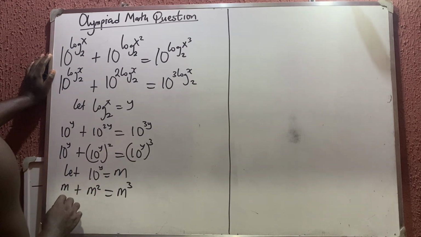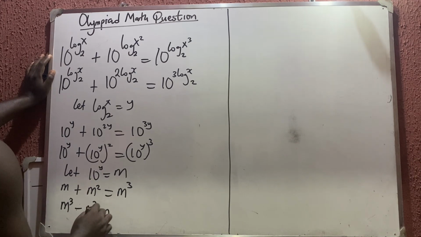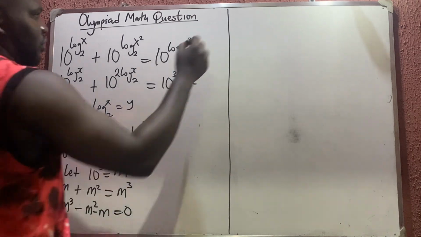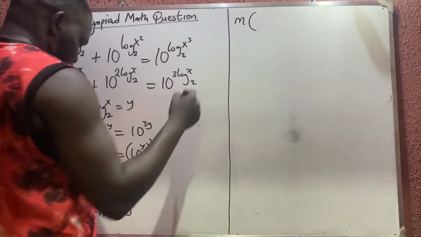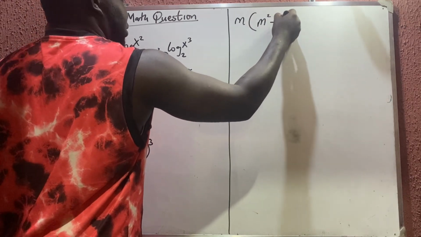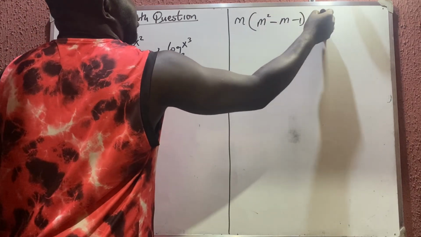Now, let me bring this to this side. I have m cubed minus m squared minus m equal to 0. If I factorize the m they have in common, I have m into (m squared minus m minus 1) equal to 0.